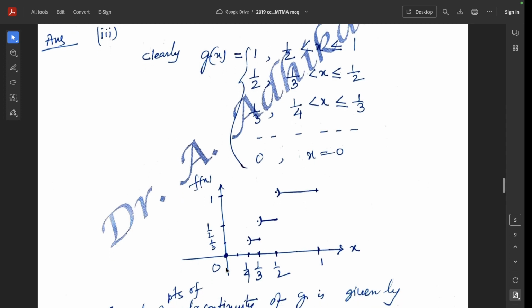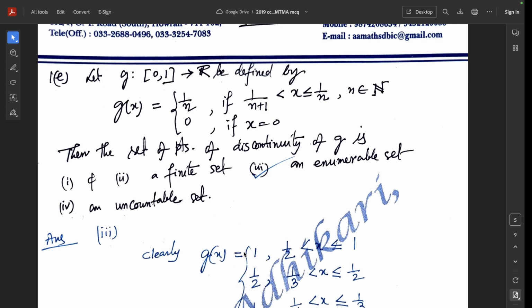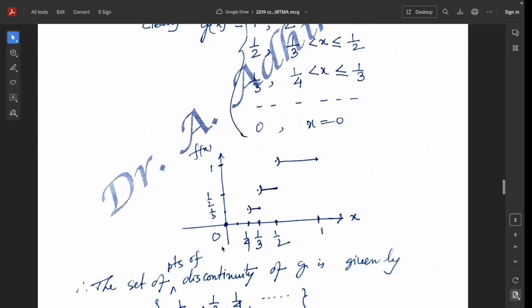So the set of points of discontinuity of G, obviously within this closed interval 0 to 1, we get at half a jump discontinuity, and at 1/3 there is a jump discontinuity.